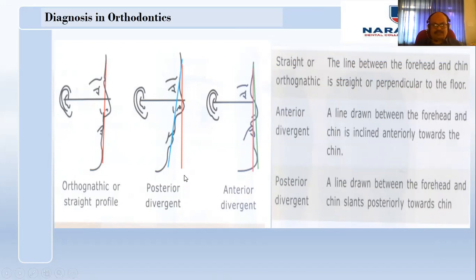This is a perfect 90 degrees, and you see whether the line joining the forehead and the chin is posterior to or anterior to this line. When posterior to the line, it is called backward or posterior divergent. When it is forward to this 90 degrees line, it is called anterior divergent, as already explained.